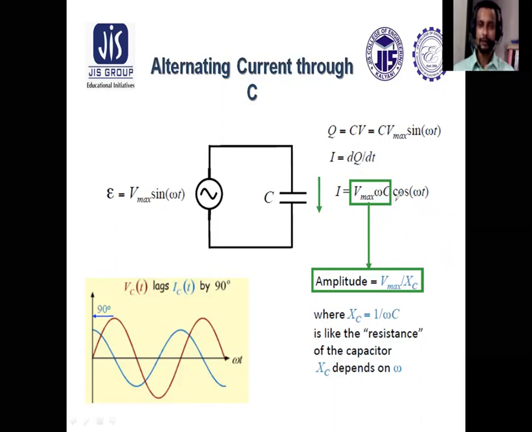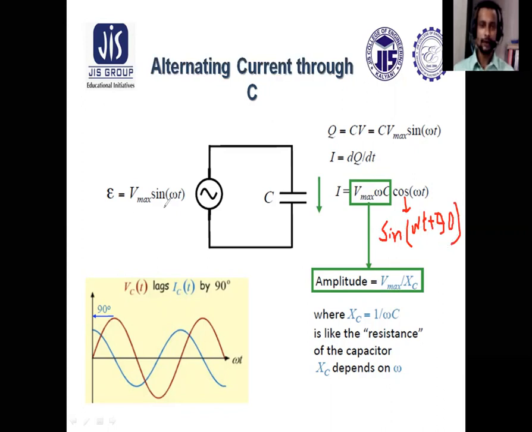Now see this cos omega t part. This cos omega t part can be written as sine of omega t plus 90 degree.